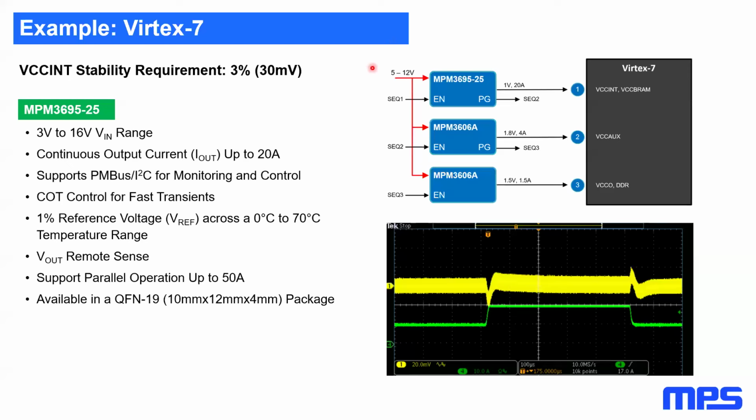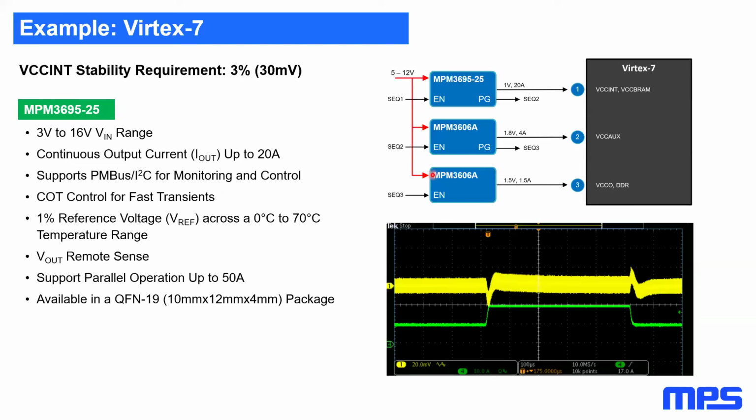In this reference design, for example, we use the 369525 power module. MPS power modules, just as a quick introduction or reminder, integrate not only the converter, so the power FETs and the control, we also integrate the inductor and some of the other passive components in the circuit into a single package.